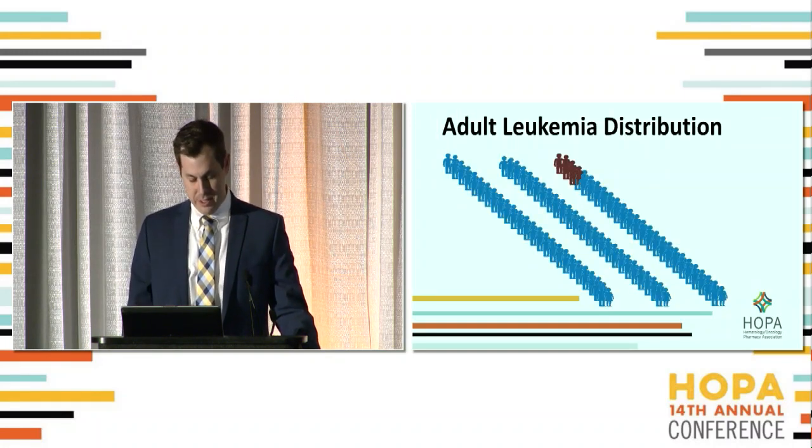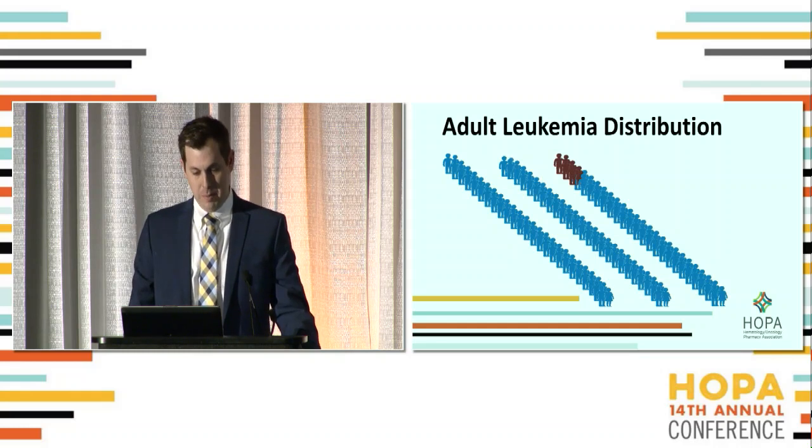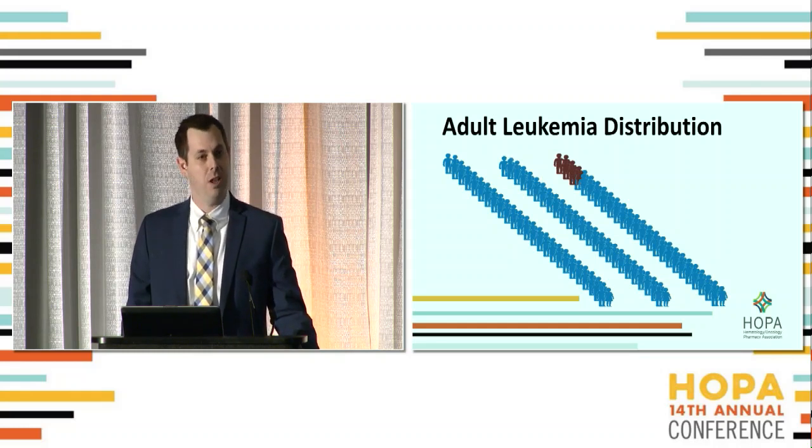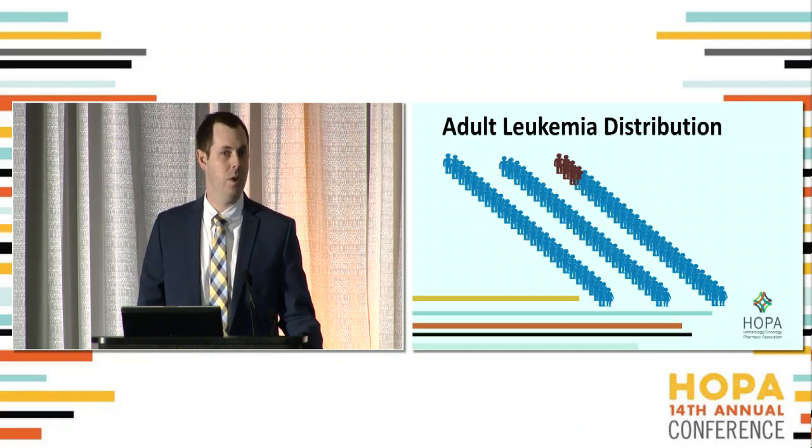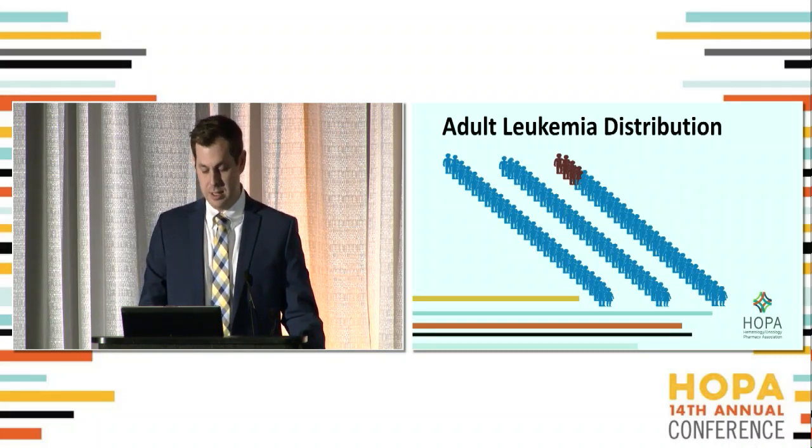So first off, just to give you a background for why you have a pediatric person up here giving this talk, this picture really depicts all of the adult malignancy diagnoses each year. And if you look at those figures in the red, they depict the adult leukemia diagnoses. So adult leukemias make up roughly 3% of adult oncology diagnoses.